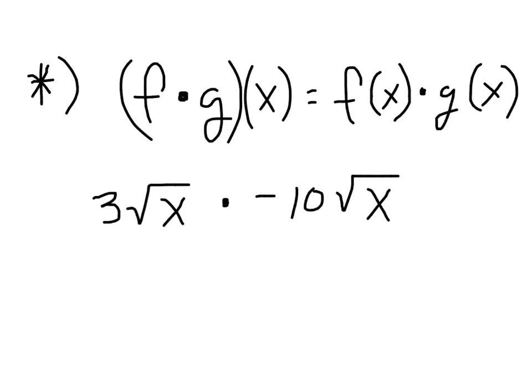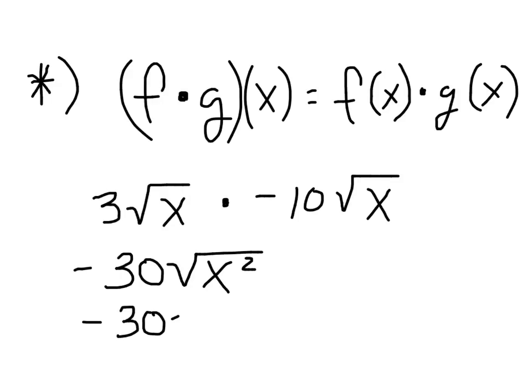Okay, straight across, you multiply the outsides together, then the insides together. What's 3 times negative 10? Negative 30. What is x times x on the inside? X squared. Now, careful. What is the square root of x squared? So I end up with negative 30x. What do you think? Not too bad?